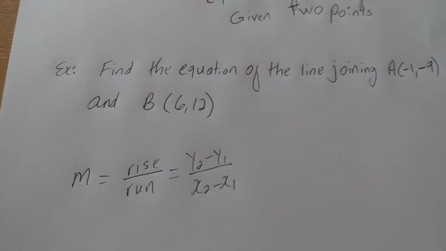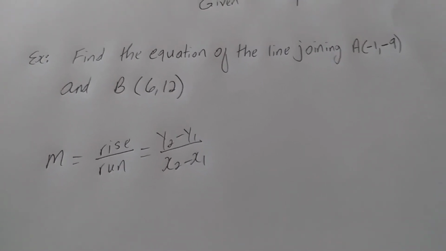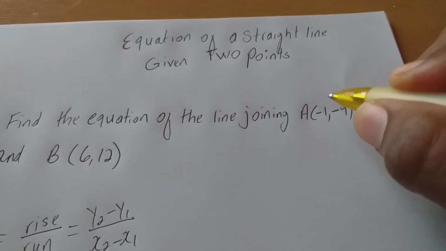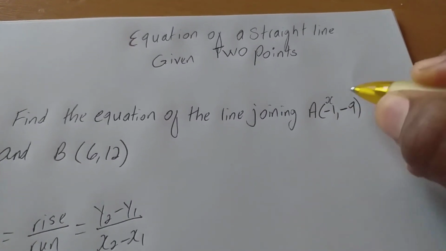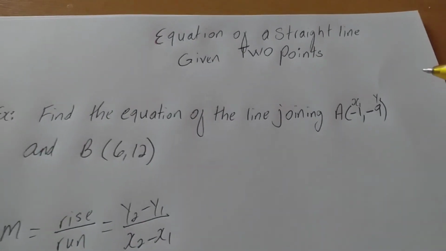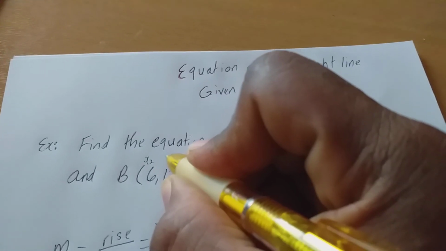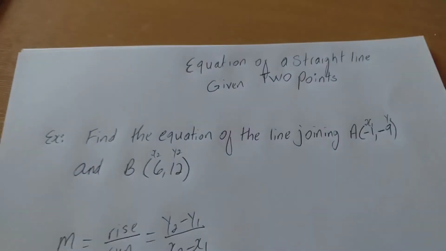Now remember, to find your y1 and your x1, we're going to select a point. Since I am looking at the point A as my first point, this then becomes my x1, which makes the -9 my y1. And this then becomes my x2, which makes the 12 my y2.